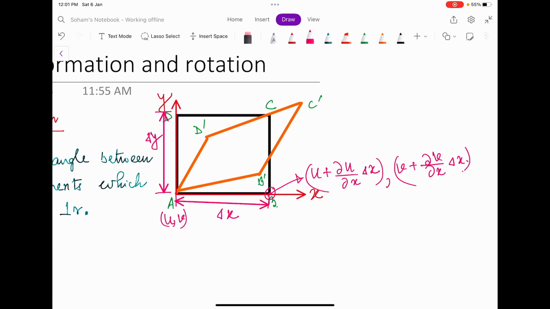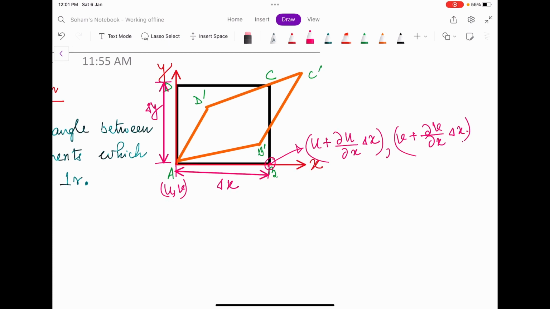Now let us give some name to these angles. This is alpha, this is beta, right? So I have to measure this alpha and beta. The best way to measure is from the concept of trigonometry. I can apply either sine or cos. Now let me drop a perpendicular from B dash to AB.